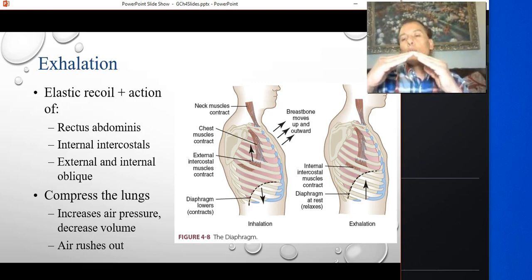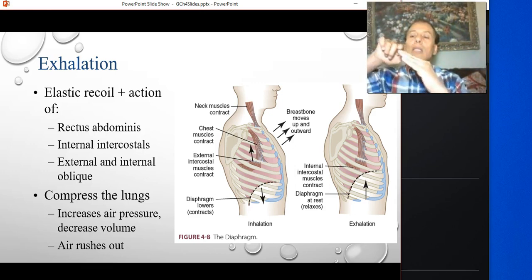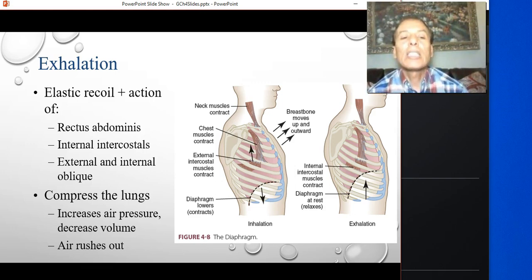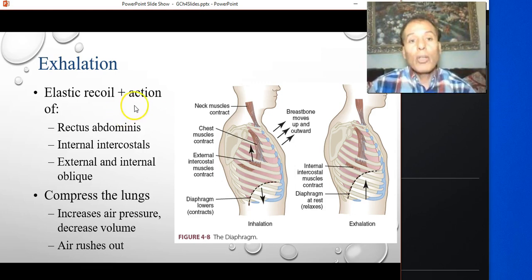Now, if you want to send it down, all you do is push it, kick it, and it's just going to go down on its own, and it will roll down its gradient. So there are three natural forces that will make exhalation easier than inhalation, because in exhalation you are reaping the benefit of the work you did before when you were inhaling.